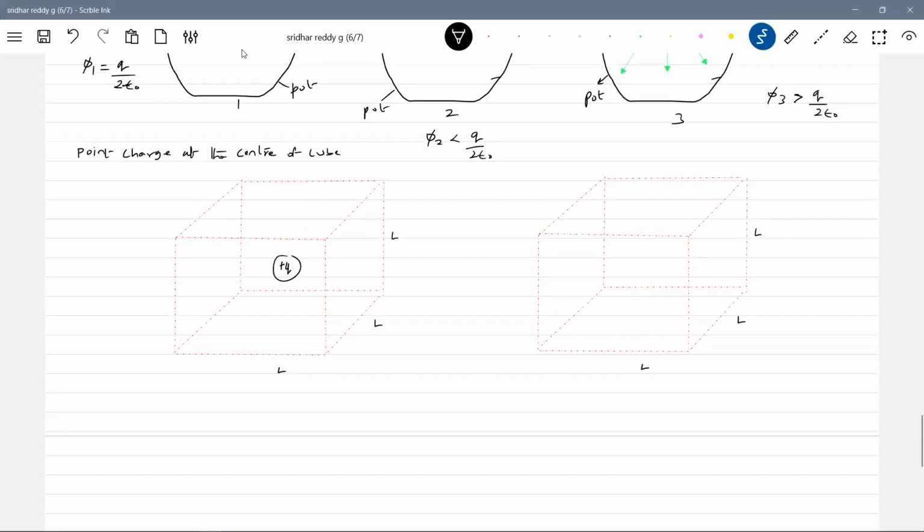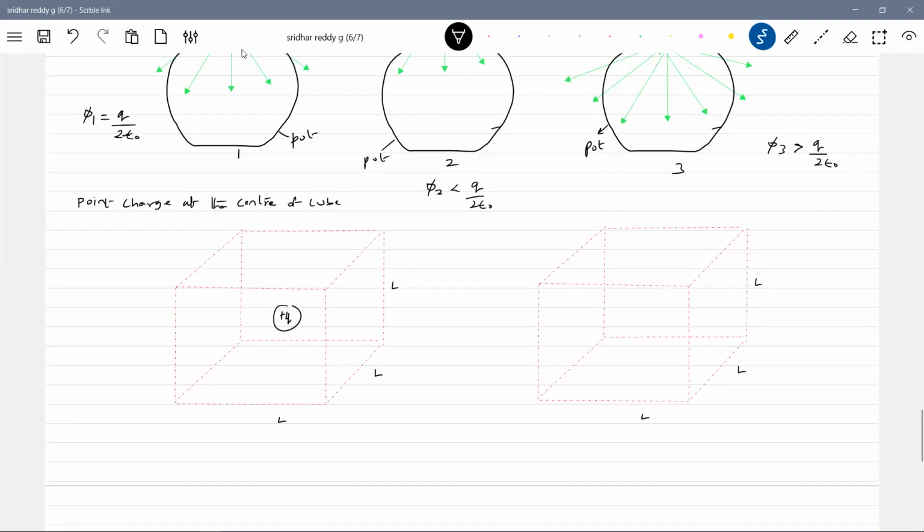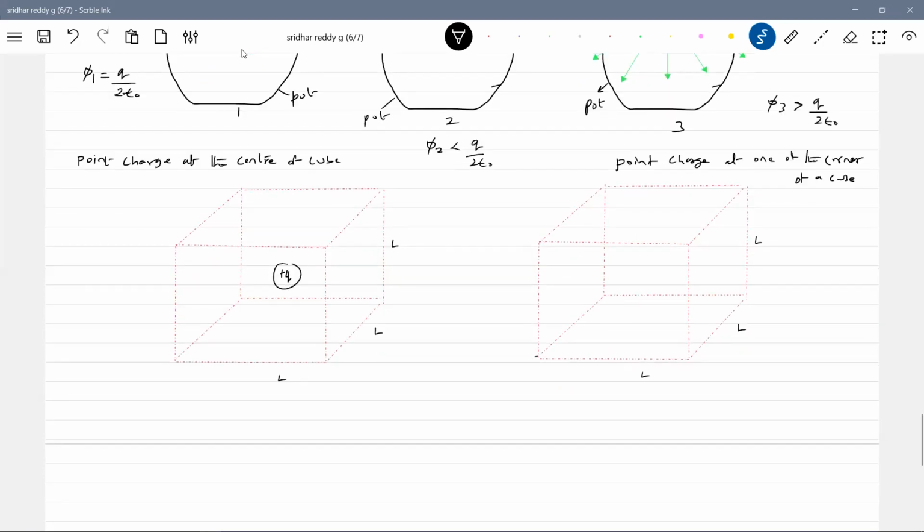Now, what is the next situation? At one of the corners of a cube, I'm going to keep the point charge here.